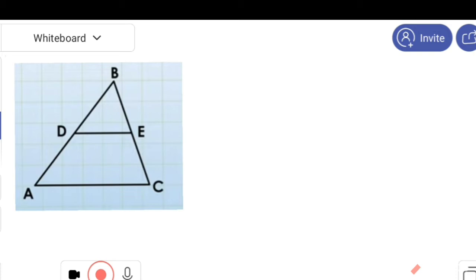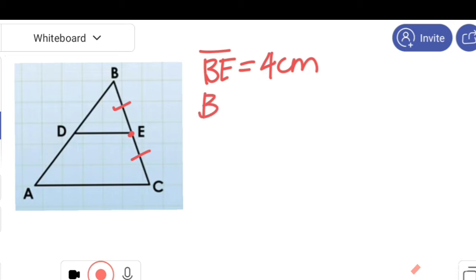We are going to focus on the legs of the triangle. Since point E is a midpoint, it divides the segment BC into 2 congruent parts. So if BE is equal to 4 centimeters, then what is segment BC?